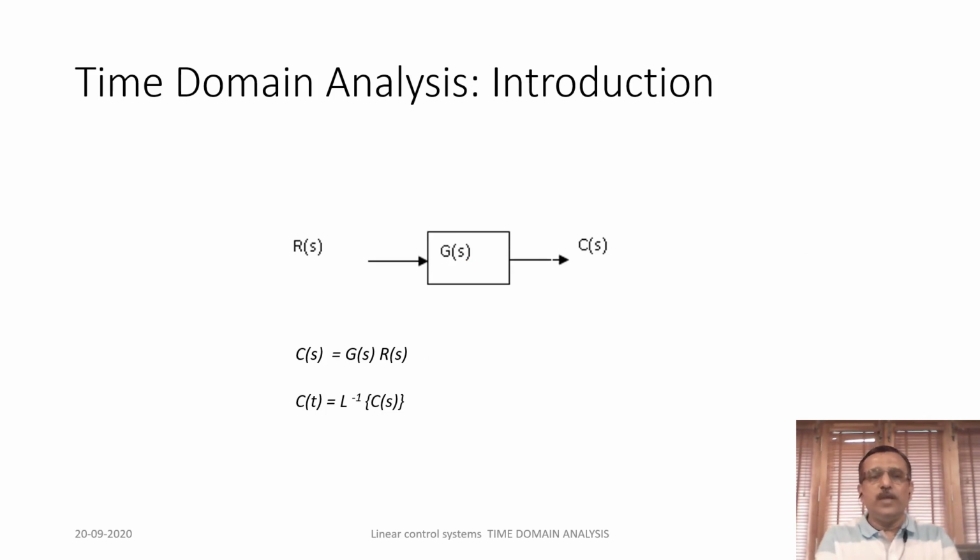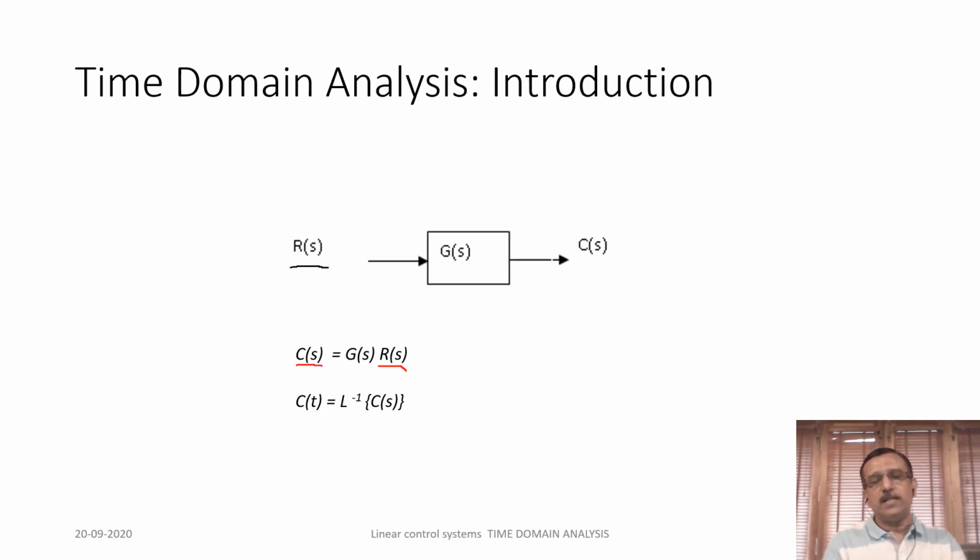So how do we do it? You know R(t). From R(t), you can calculate R(s). What is R(s)? Laplace transform of R(t). If you multiply R(s) by G(s), you will get C(s).